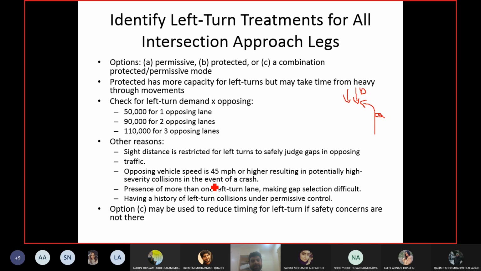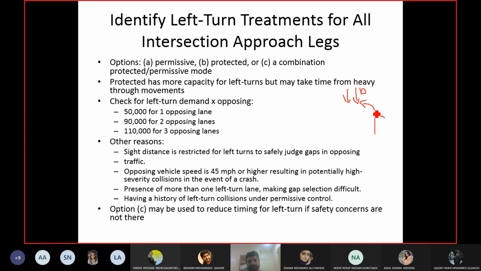Then we have other criteria as well. For example, you feel the sight distance at that intersection is not enough to judge the opposing traffic. I cannot see who is coming from the opposite side until I am very close to the intersection. In that case, giving a permissive left turn will have no effect, because the drivers cannot see the traffic from the other side, so they will come and stop at the intersection.